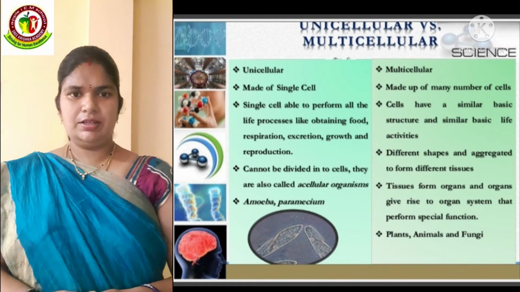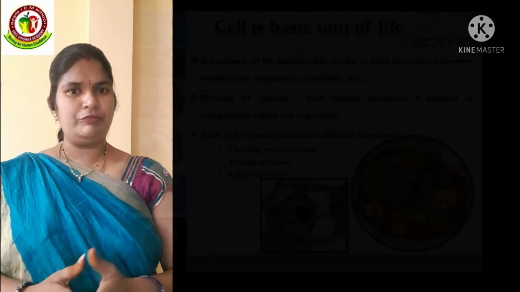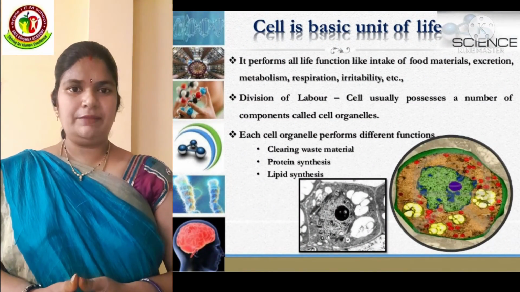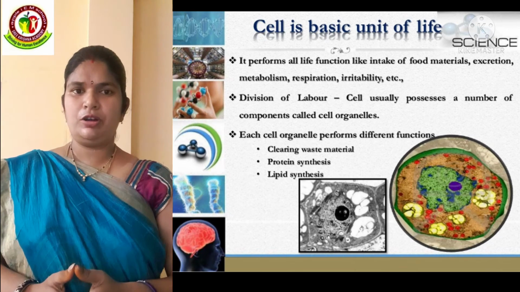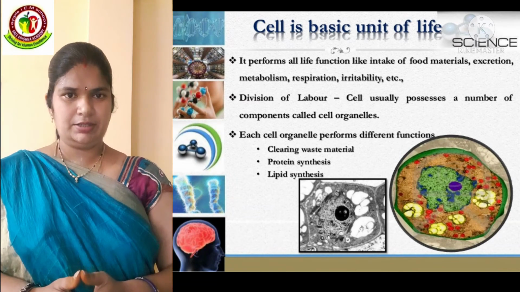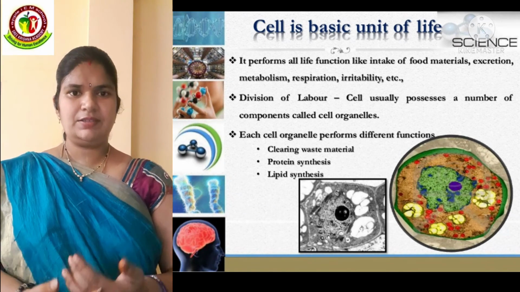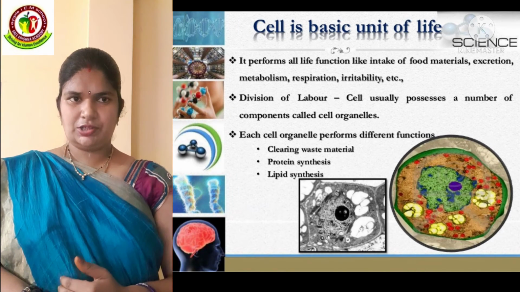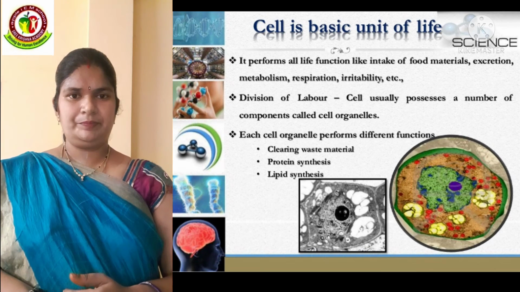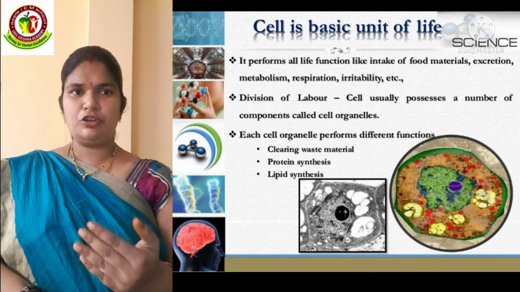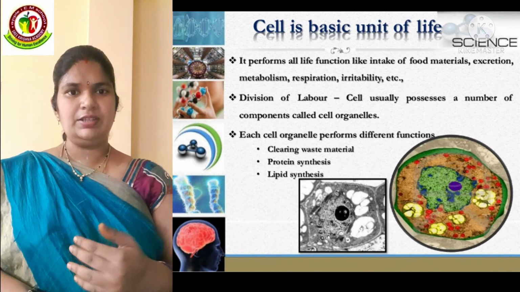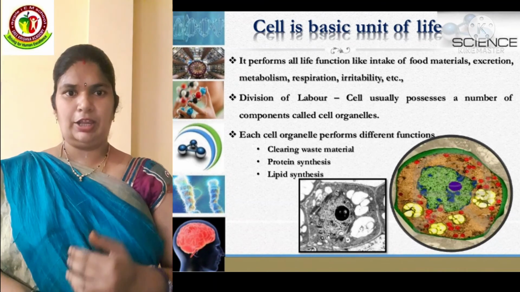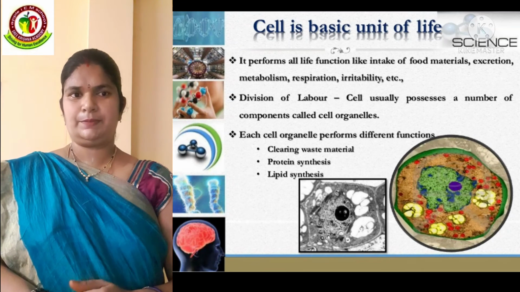So now let us learn about the basic unit of life, that is the cell. Okay. So what will the cell do, children? A cell performs all the functions like intake of food materials, excretion, metabolism, respiration, etc. So there is division of labor in the cells, children. That is, a cell is made up of different components along with the cell organelles.